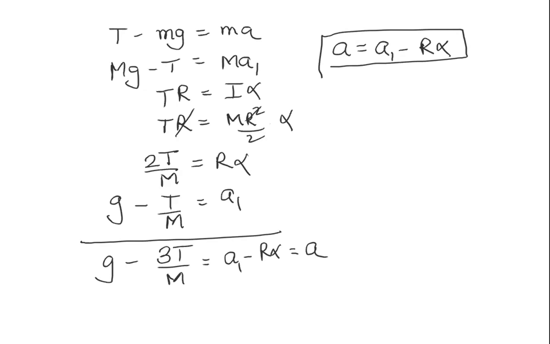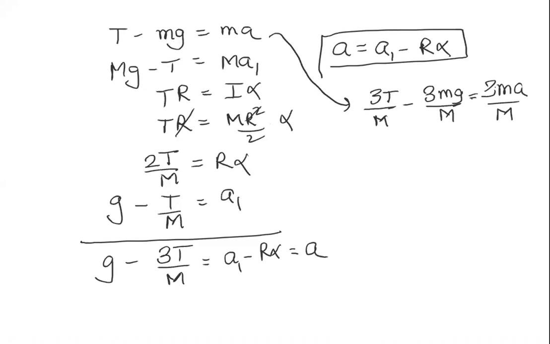And now in this equation, I'm multiplying 3 by capital M. 3T by capital M minus 3mg by capital M is equal to 3ma by capital M. And I'm writing this equation here. G minus 3T by M is equal to a.